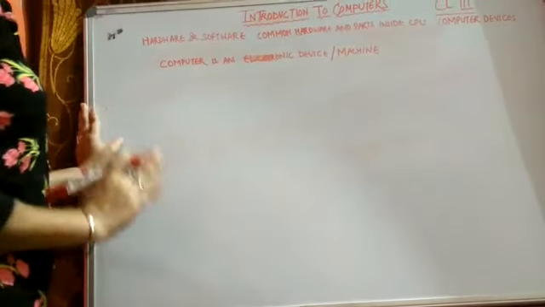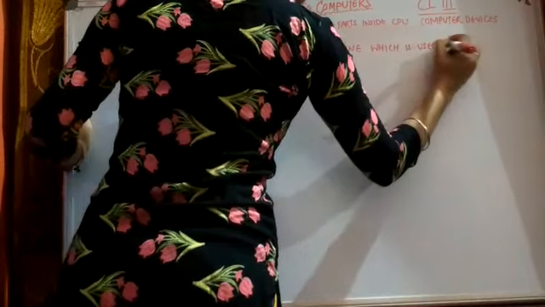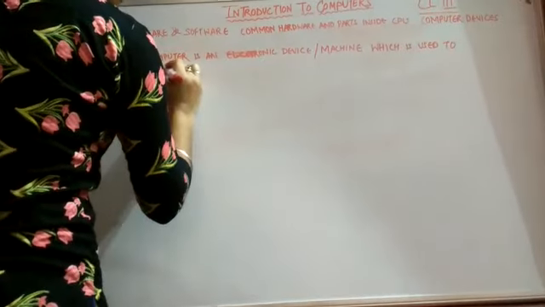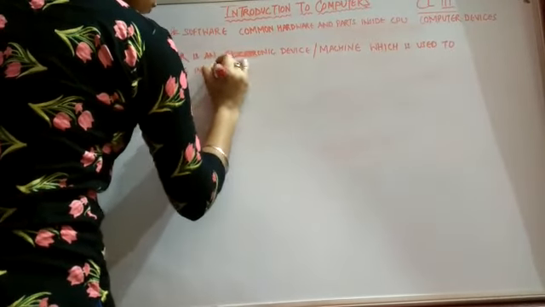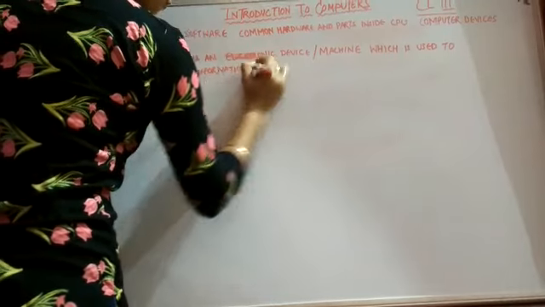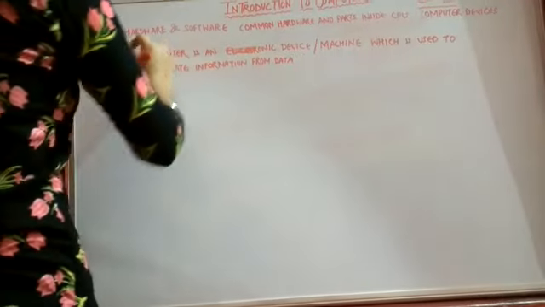Okay, but now we'll elaborate this by writing that computer is an electronic device or machine which is used to generate information from data. Now, this portion will be clear to you when we discuss computer devices.